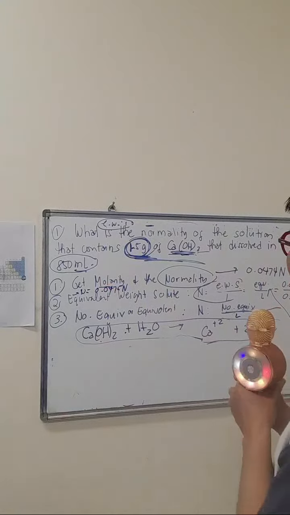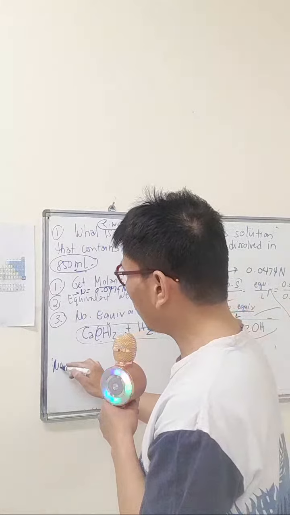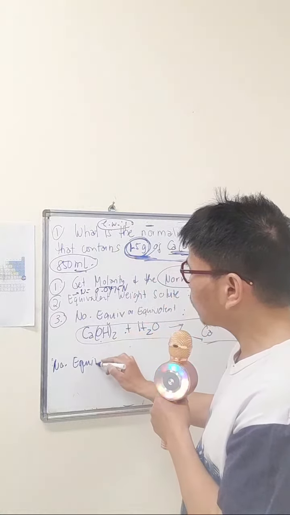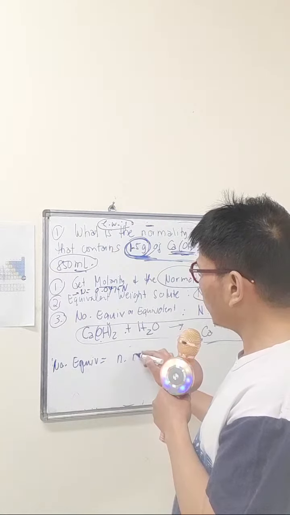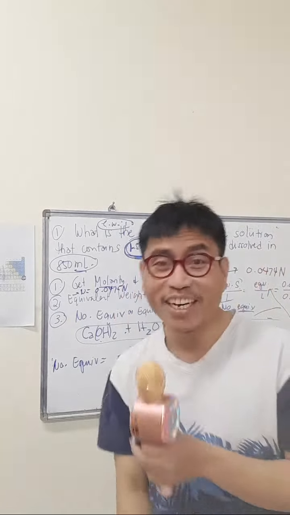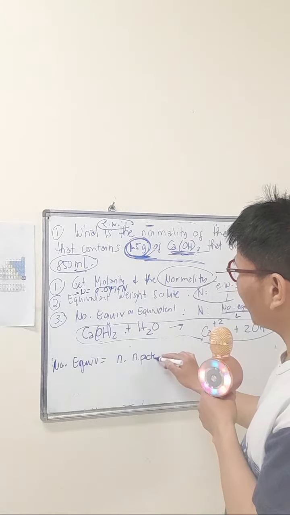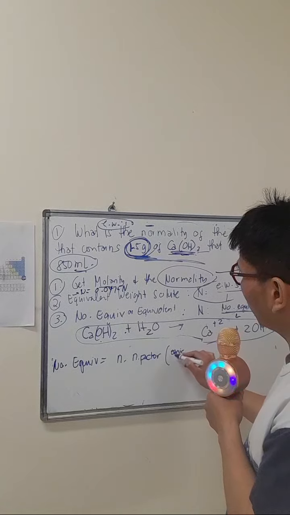So how can we compute the number of equivalents? This is the numerator of the normality formula. Number of equivalents is equal to the number of moles, small letter n, times the n factor. The n factor unit is equivalent per mole.